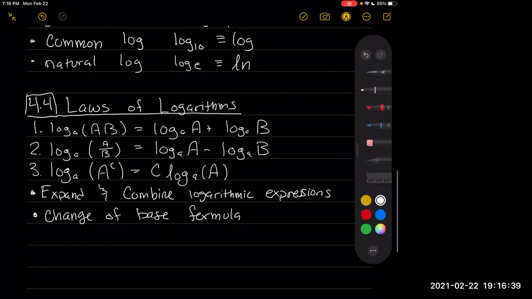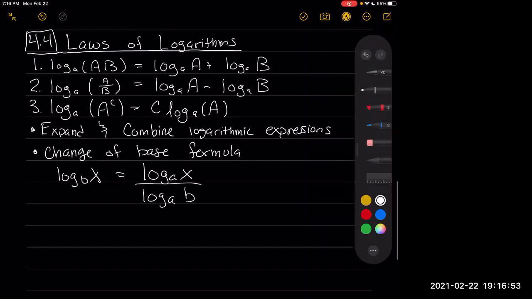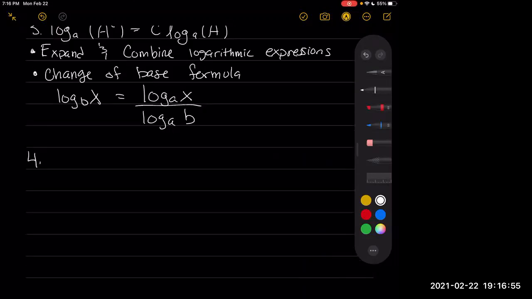This was if we have log base b of x, this is log base a of x over log base a of b. All right, and from there we moved on to section 4.5, which is on exponential and logarithmic equations.